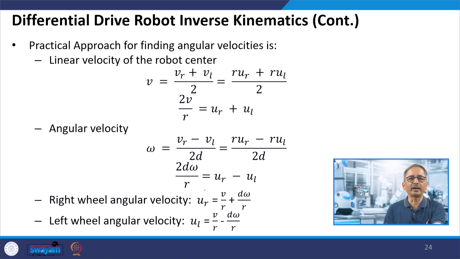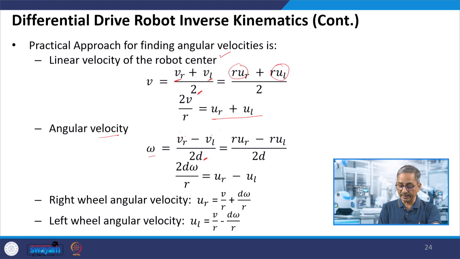There is a practical approach for finding the angular velocity of the wheels, and we could do it this way. For example, the linear velocity of the robot center is going to be the left wheel linear velocity plus the right wheel linear velocity, divided by 2. I can write it in terms of the angular velocities of those wheels, and so I get this equation. Similarly, I can define the angular velocity as the difference of the two wheel linear velocities divided by the distance between the wheels, which is 2d.